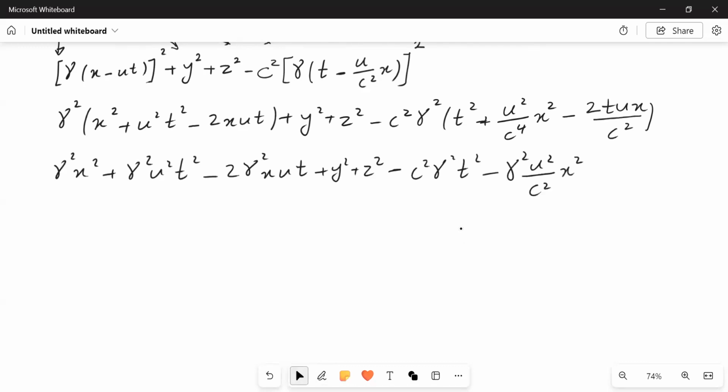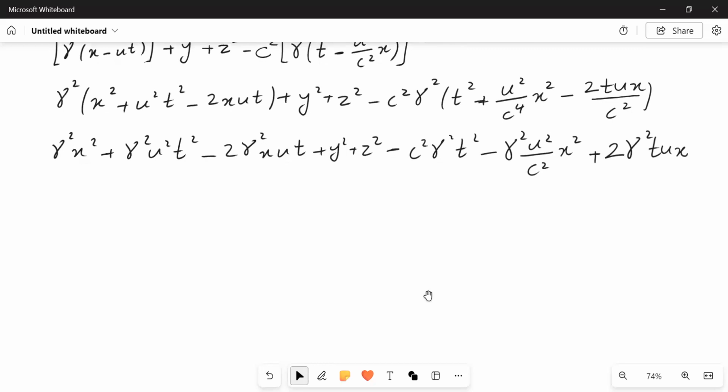And then this c squared obviously cancels this one. So we end up here with minus, there's a minus here, there's a minus here, so it'll be a plus gamma squared t u x.